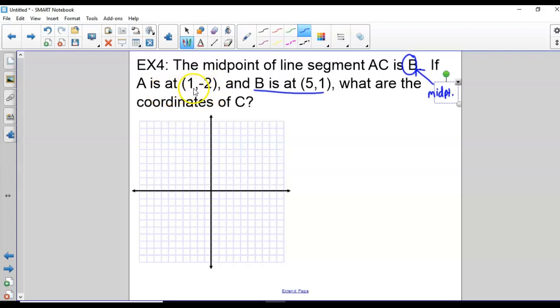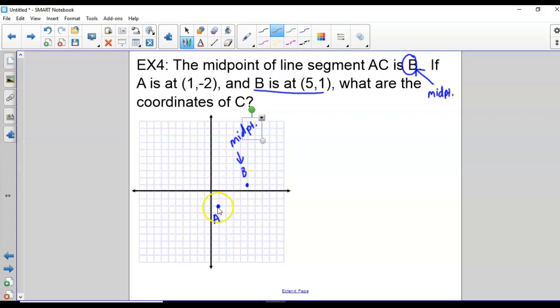So let's graph this. We've got 1, negative 2. So 1, negative 2 right here is our A. And then we've got 5, 1. That is our B. So B is the midpoint. So that tells me C's got to be somewhere over here. So from a graph, do this.